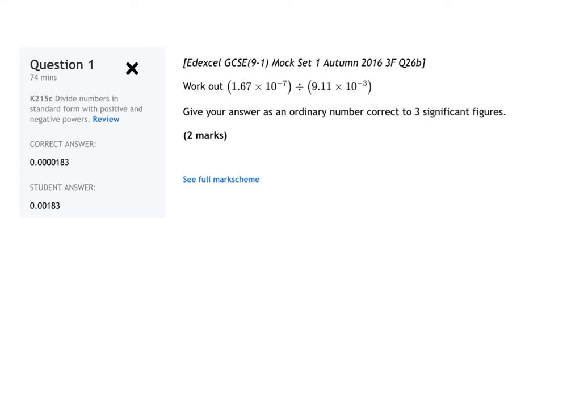Now, working this through, you will get an answer of 1.83 times 10 to the minus 5 to 3 significant figures. But it asks you to write this as an ordinary number. So if we look at the number the student wrote, they wrote 0.00183. How far from the decimal point position are we?